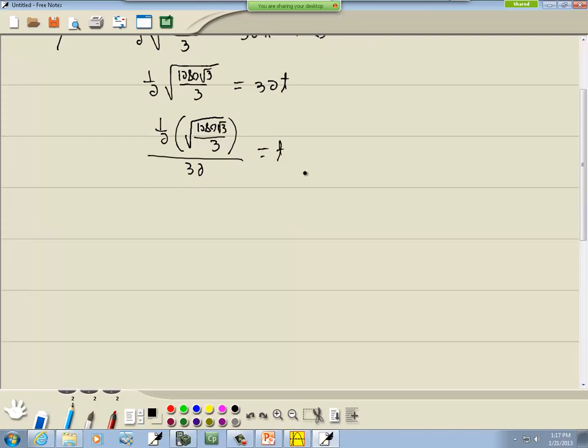And I could spend some time simplifying that, but that's good enough there. Let's see, just out of curiosity, what that's equal to. Got that times 1/2, divided by 32. See if it's 0.42 seconds.